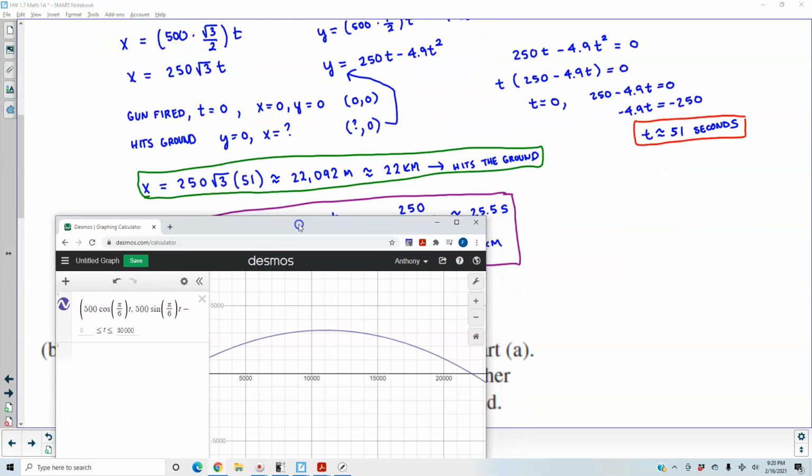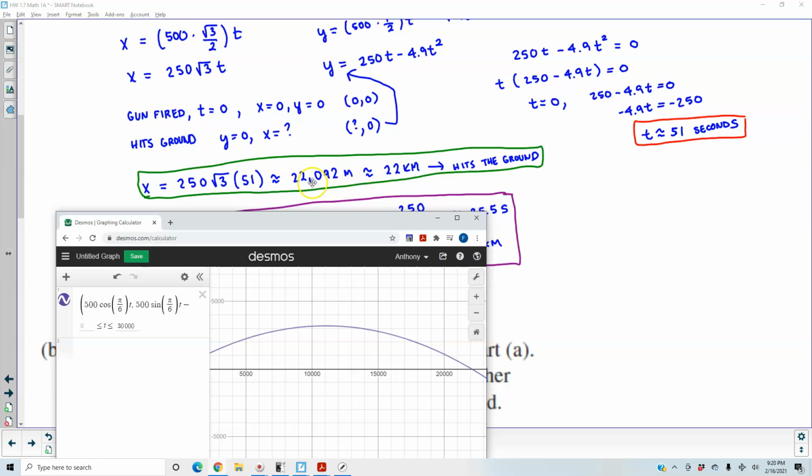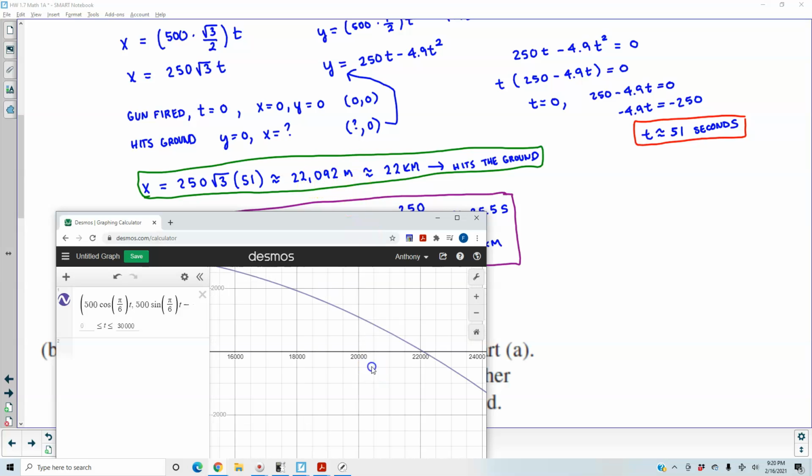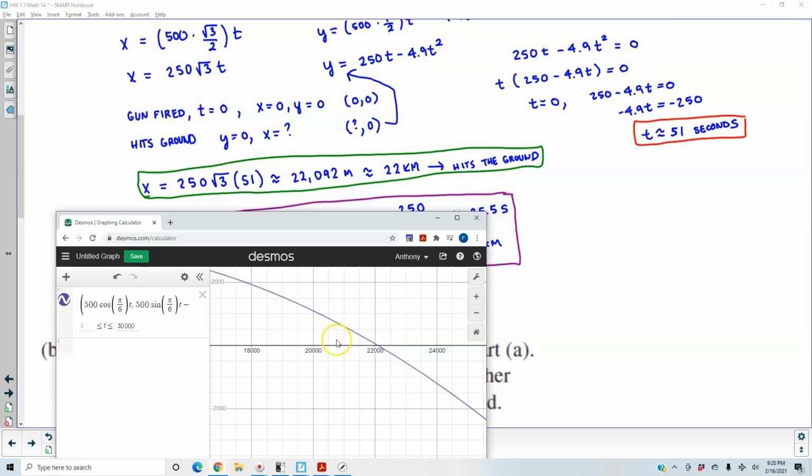So it said that it would hit the ground at 22,092 meters. So if you look here, it's going in a parabola, right? And it had a maximum. So here is where it hits the ground at approximately 22,092 meters.